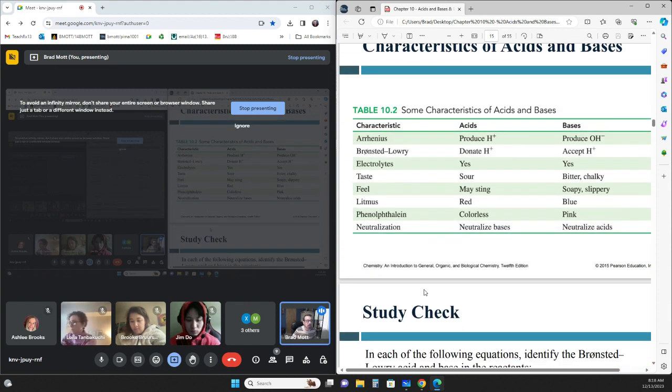So to review, if we're looking at acids and bases in the Arrhenius form, whether or not they produce protons or hydroxide determines their acid and base, and Bronsted-Lowry is a donation. We're just looking at the protons, hydronium, and whether they are either proton donators or proton acceptors.